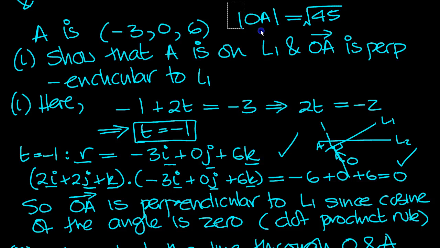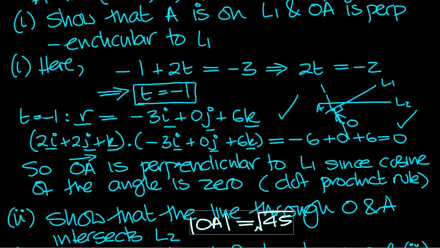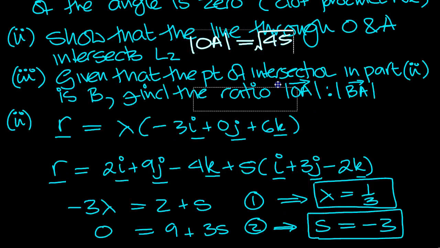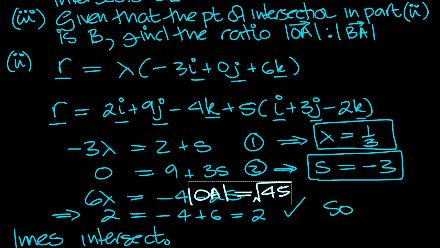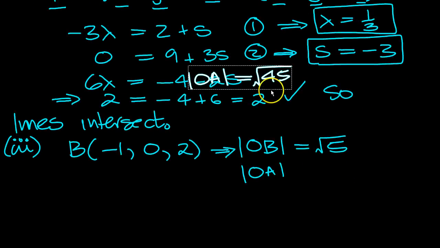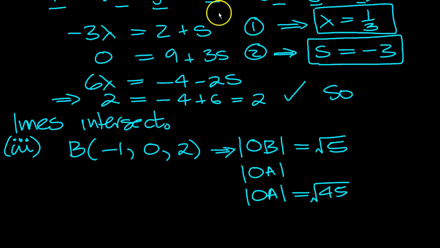So let's just move that down then. Now we've looked at OA. And then we want the ratio of OA to BA, don't we? Oops. OA to BA. Okay, there's OA. And then BA.